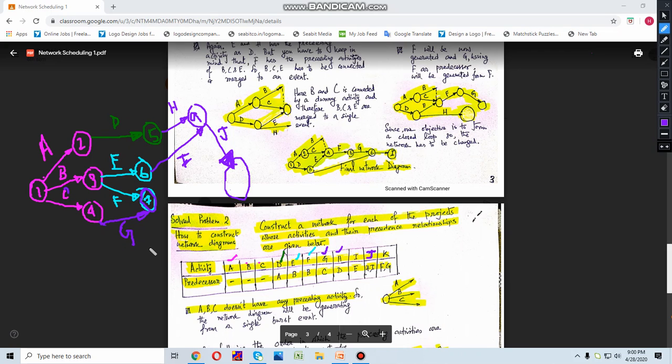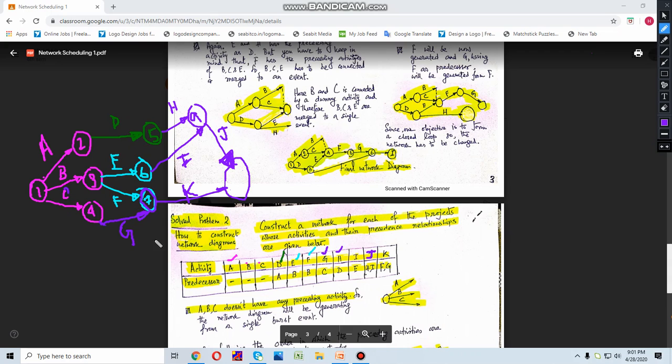And from that you can generate the activity K. Now just merge it here. So always remember, our primary motive is to create a closed network. We'll always try to create a closed network. Always remember that.